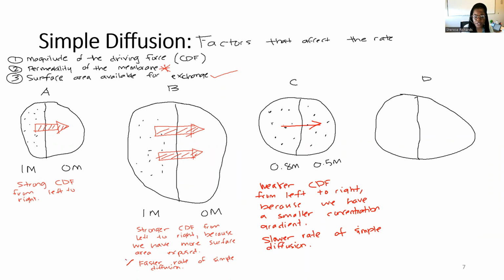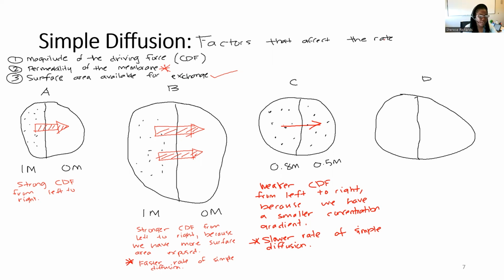So here we had a faster rate of simple diffusion. Here we have a slower rate of simple diffusion because we have manipulated these three factors, right? We have a smaller magnitude of the driving force because we have a smaller concentration gradient. Therefore, we have a slower rate of simple diffusion, all right?